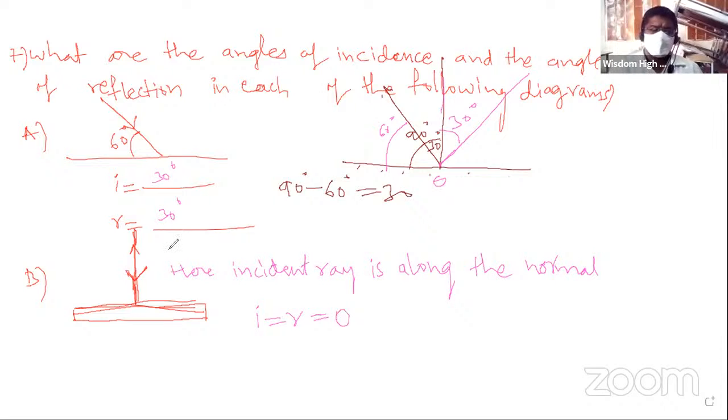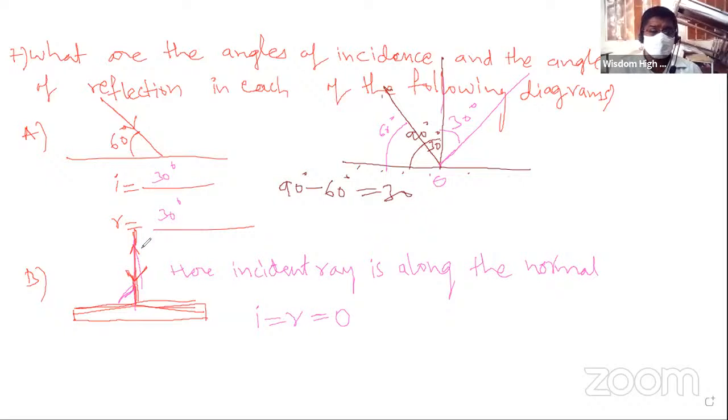Actually, listen here. This ray is incident at 90 degrees to the plane surface. But any angle should be measured with the normal.